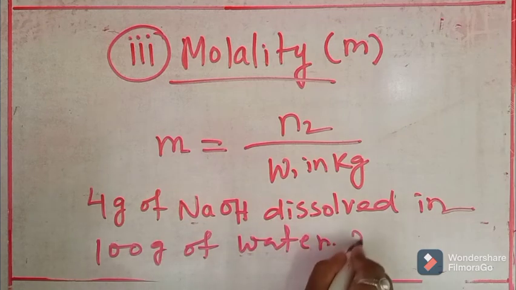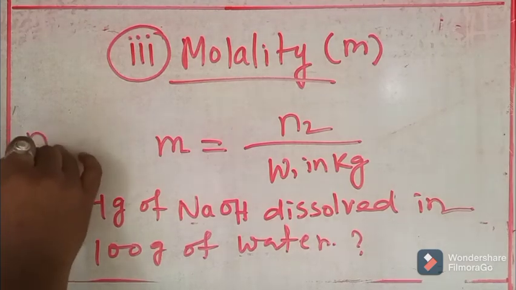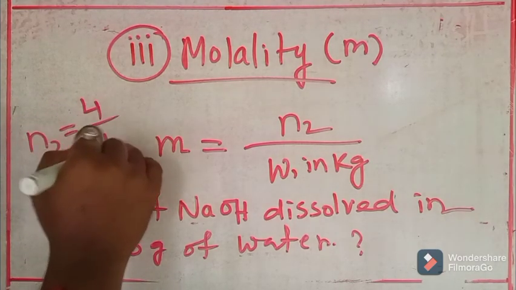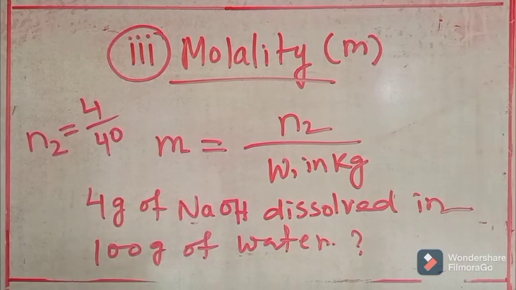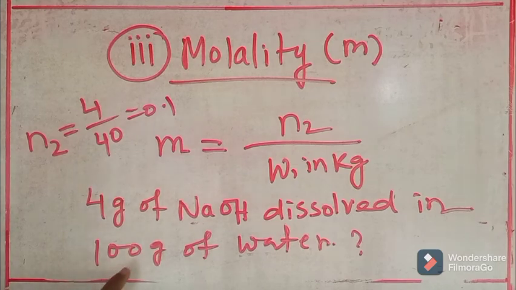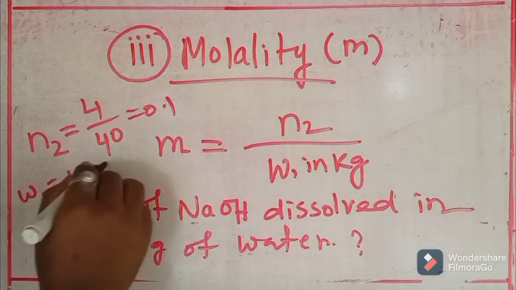Then what will be its molality? We have seen the value of N2 in the previous question: 4 by 40, where 40 is the molar mass of NaOH, that is 0.1. Now the mass of the solvent is 100 gram. So W1 is 100 gram.